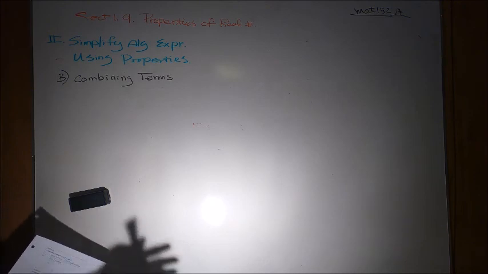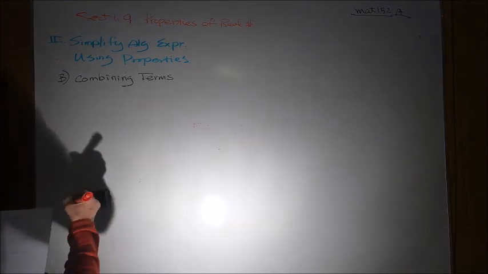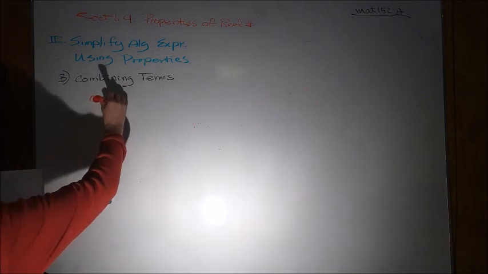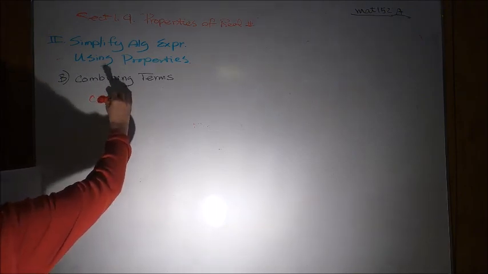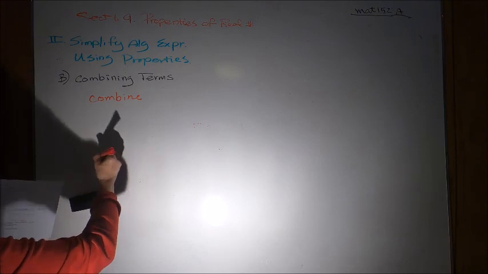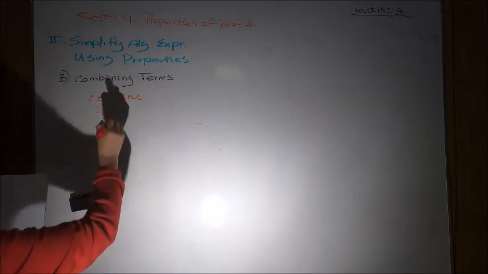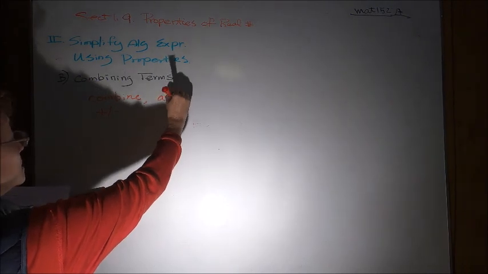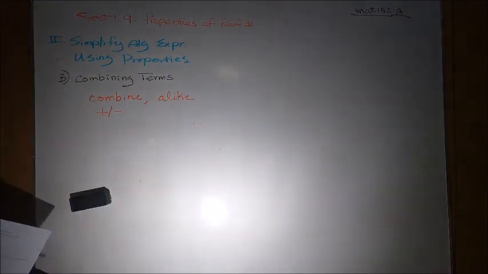First, we simplify them. Then we combine them by combining, right? So simplify means what? Combine them. It's for what? Add and subtract. Then when things are alike, okay?